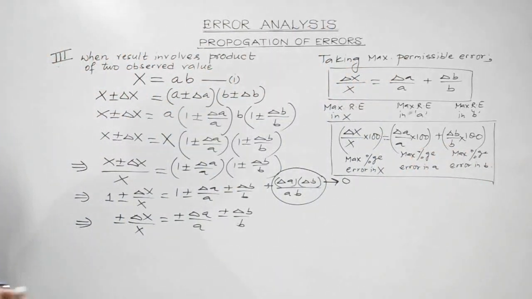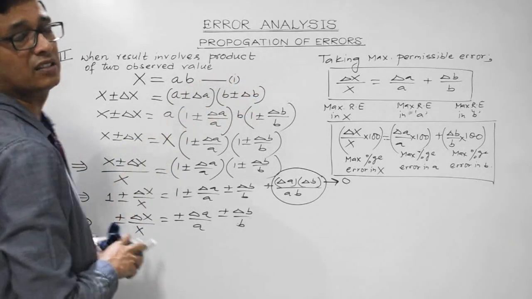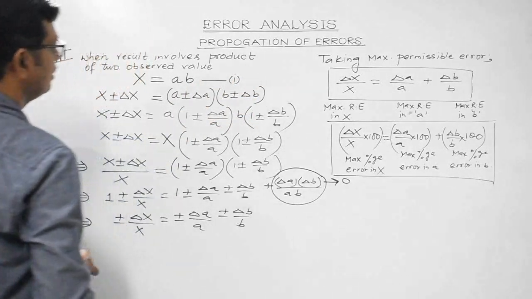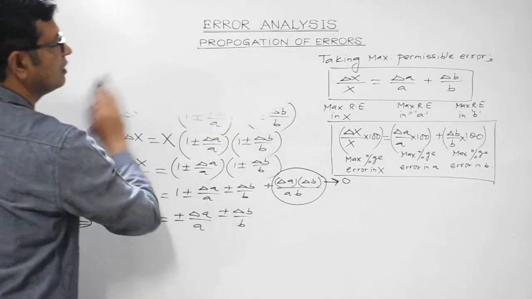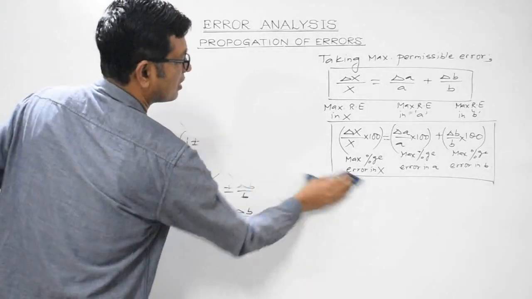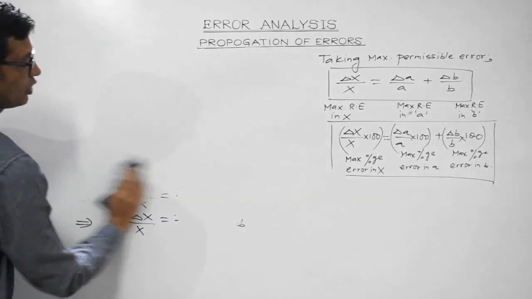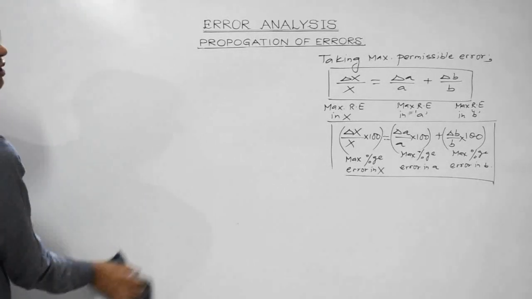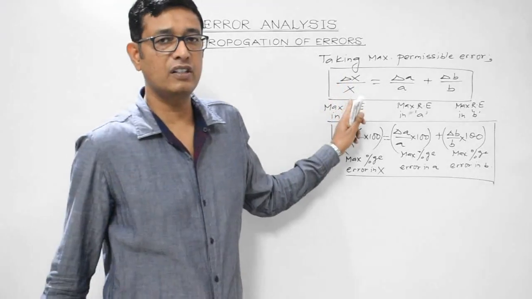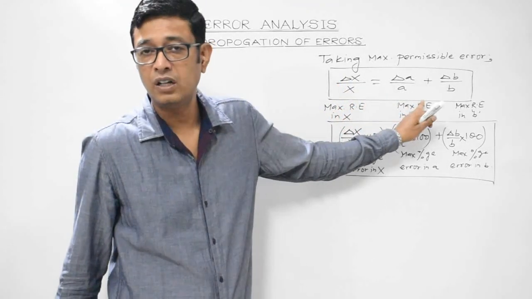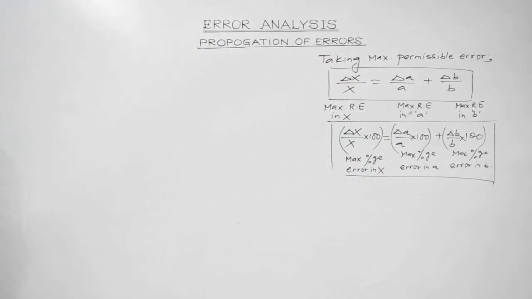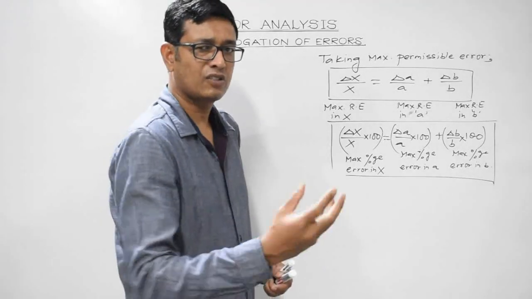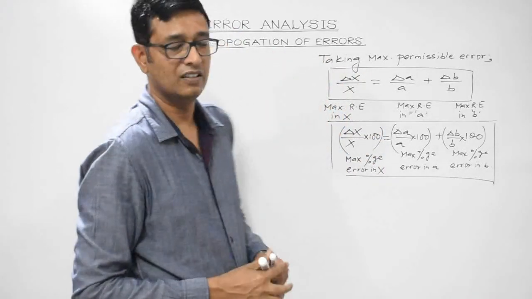So students, please do remember these conclusions. Whenever the result involves the product of two measured quantities, then the errors are always propagated in that particular manner in terms of absolute error. The maximum absolute error in the result is given by the sum of the maximum absolute errors in the individual measurements, right? So, again, as done earlier, let's concentrate on a numerical based on this article.